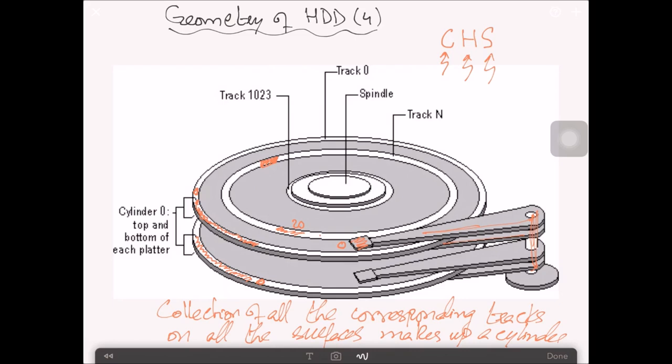Then the disk will rotate, and when the appropriate sector, this one, comes under the head, it will be read. So to uniquely identify a sector on a hard disk with multiple platters, we have a 3D address that represents the cylinder, head and the sector.